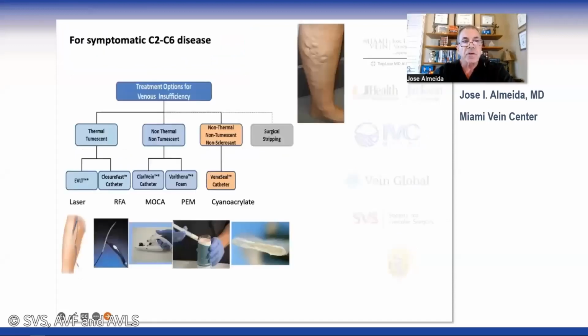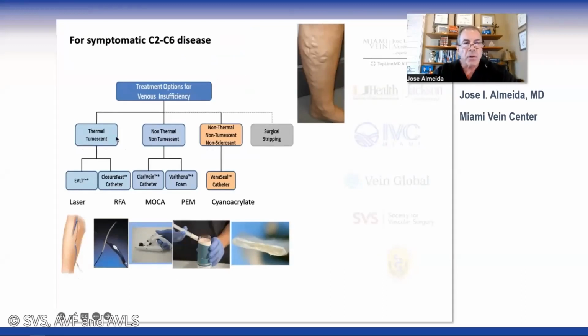No disclosures. For symptomatic C2 through C6 disease, varicose veins are typically the indication for saphenous vein ablation. And just to emphasize, it is not a treatment for C1 disease. It's not a treatment for spider veins.